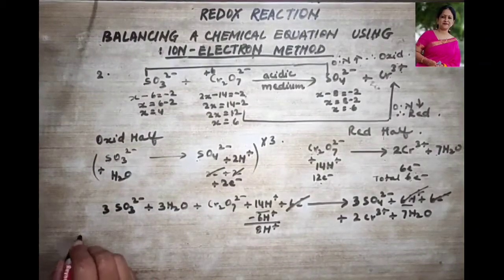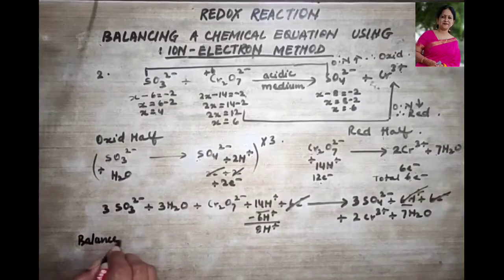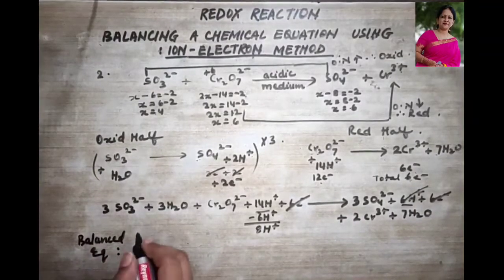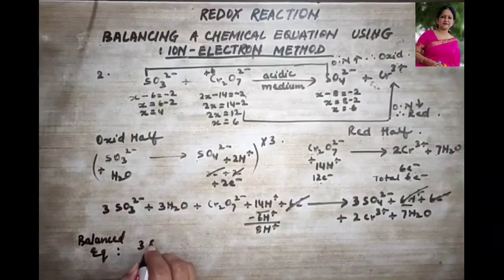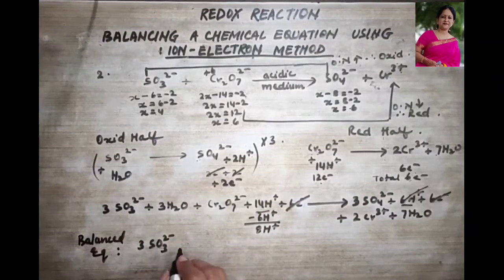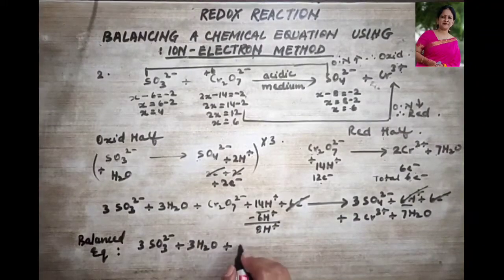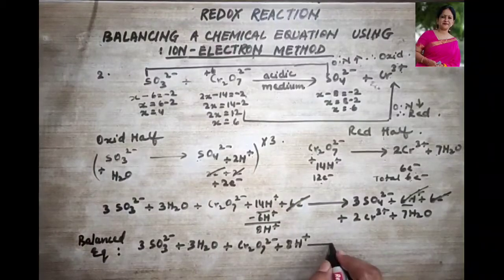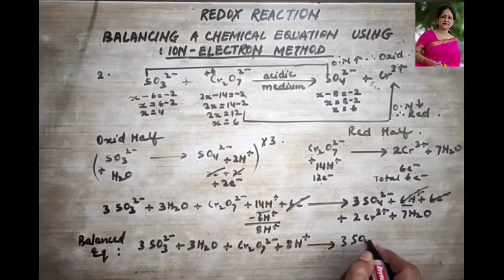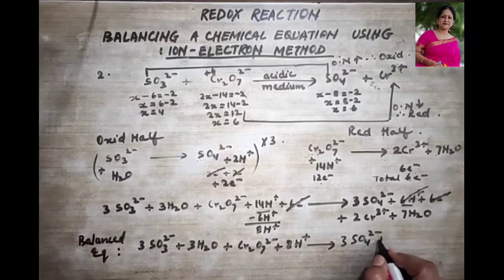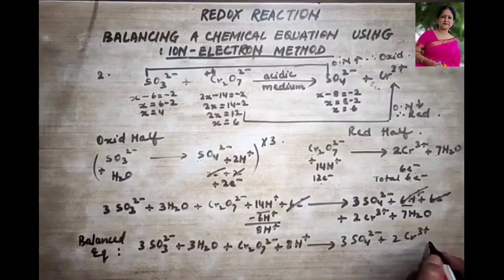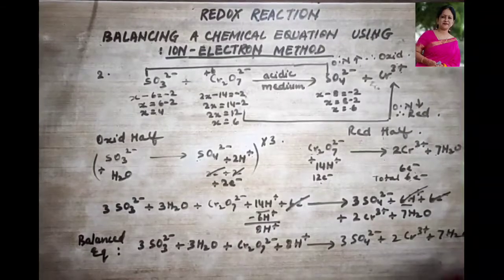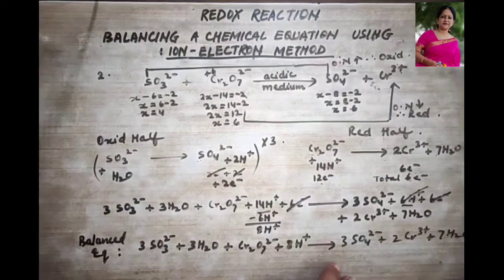So now your balanced equation is: 3SO3 2 minus plus 3H2O plus Cr2O7 2 minus plus 8 hydrogen ions gives 3SO4 2 minus plus 2 chromium ion plus 7 H2O. So this is your complete equation.